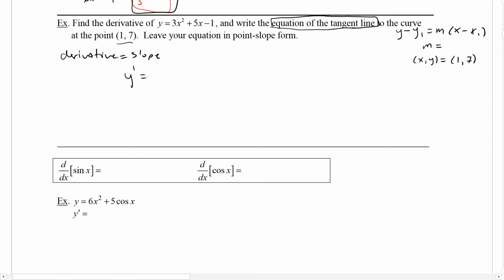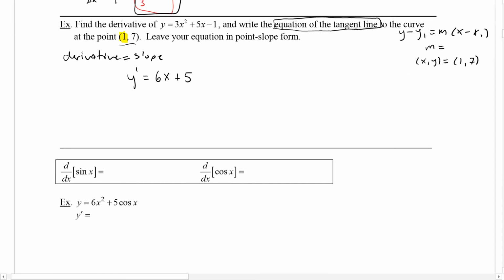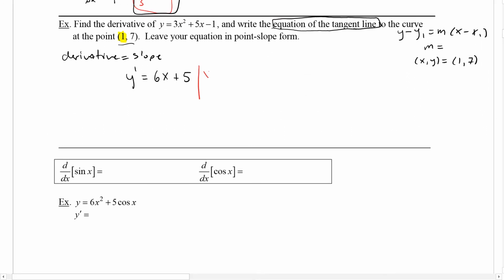y prime is equal to 6x plus 5. And then we want to find the slope at x equals 1, because my x value is 1. So plug 1 into your derivative. x is equal to 1, and that means my derivative is 6 times 1 plus 5, which is 11, and there's my slope, 11.